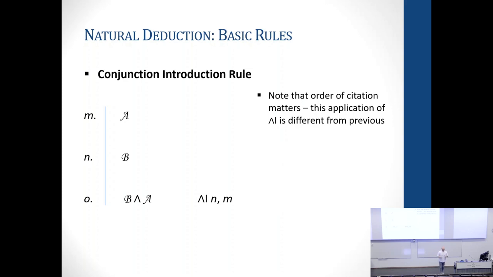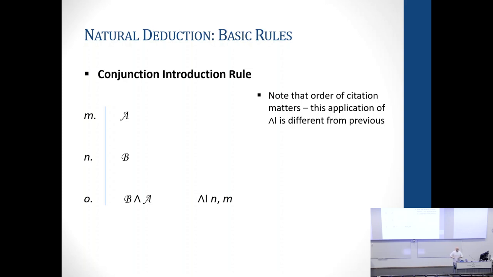Because remember here, we're not dealing with sentences that are true or false, we're dealing with strings, symbols. So B conjunction A is a different string than A conjunction B. Now between friends, I'm not going to be super duper picky about this. If you put the right numbers on the exam, that's fine, even if it's not in the same order, but it's good to get in good habits.